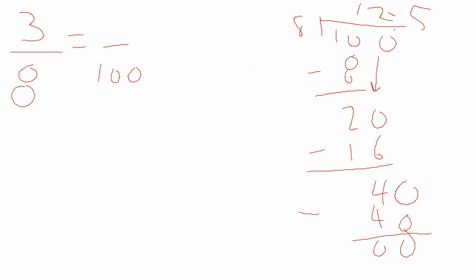So if you multiply 8 by 12.5, it is going to equal 100. And what you do to the bottom, you got to do to the top. So multiply 3 by 12.5. Y'all have to know how to multiply by decimals, right?